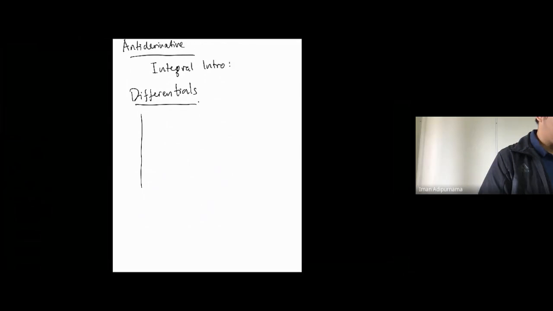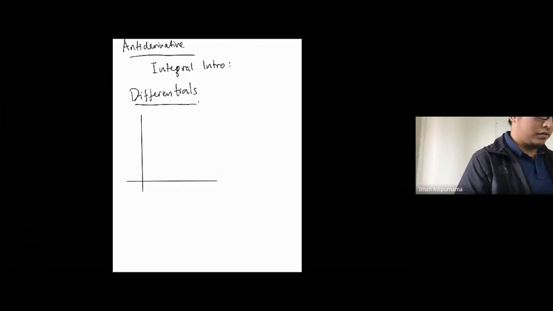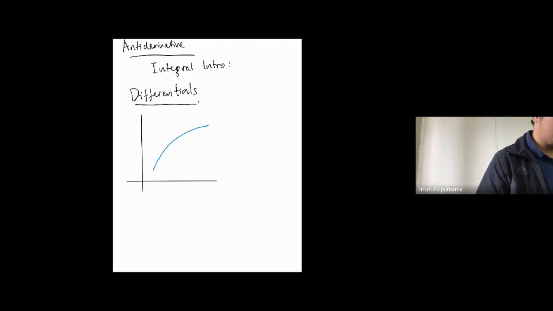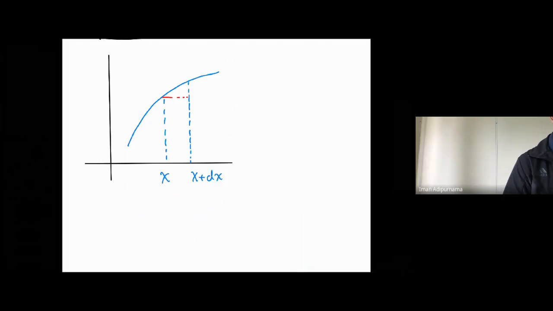Okay, we need to look back at our linear approximations. So if you have x, and let's say we have x plus dx, or let's say this is not dx, let's say delta x, and this is delta y.